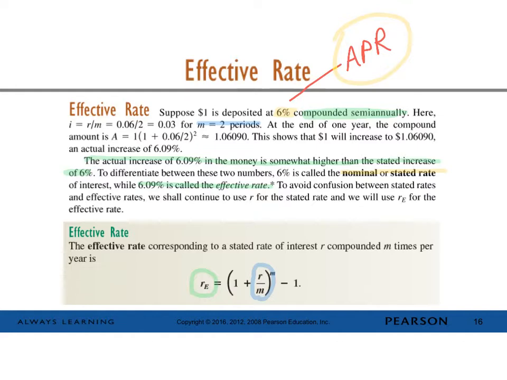And then from that whole quantity raised to the M power, you will then subtract 1. What the subtraction of 1 actually accomplishes is that it accounts for the initial value or the initial deposit. In the case that we're talking about in the problem above, that would have been the $1. So you're subtracting off the $1.